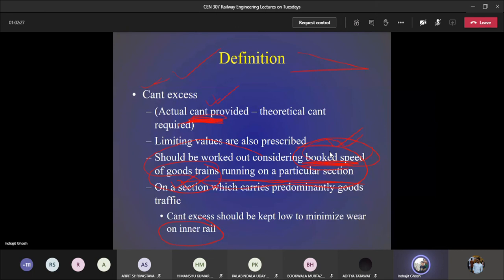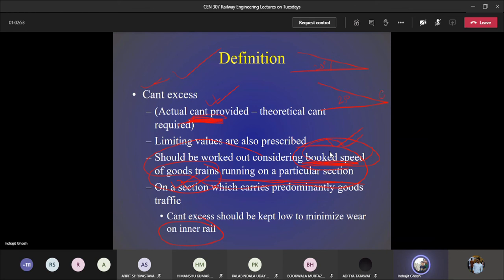When we talked about curve resistances, I had three photos. One is what the super elevation required is. What if we provide higher super elevation? Suppose this is 20 degrees, but I am providing 25. What will happen?